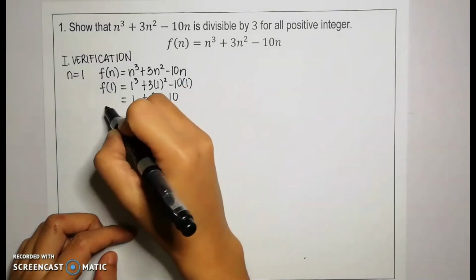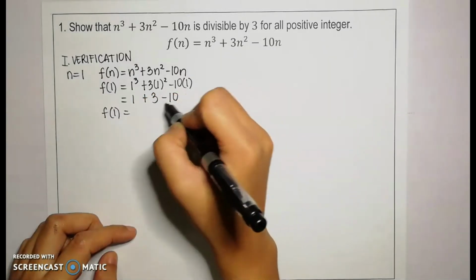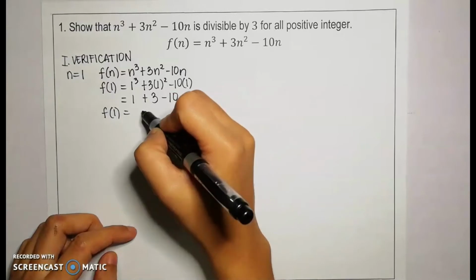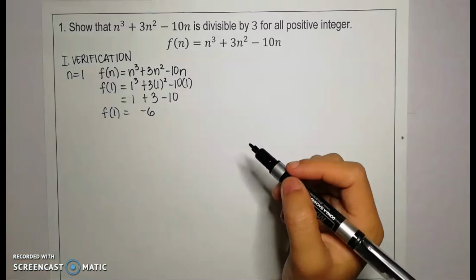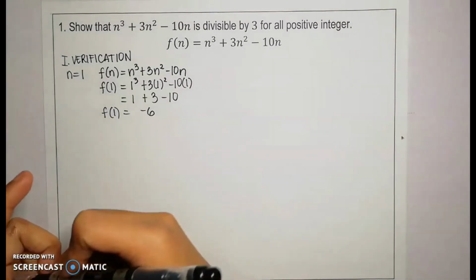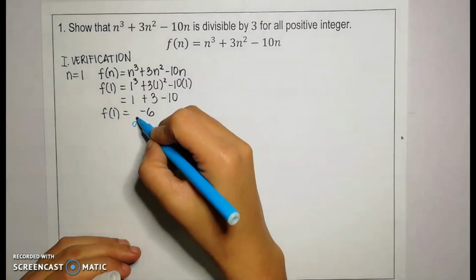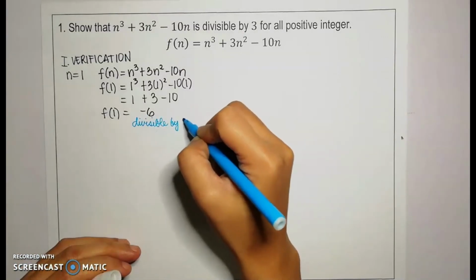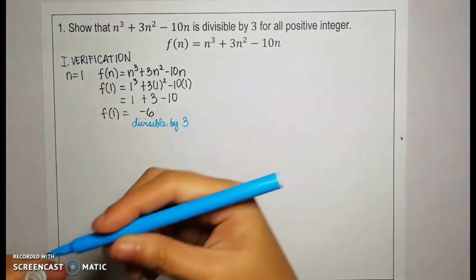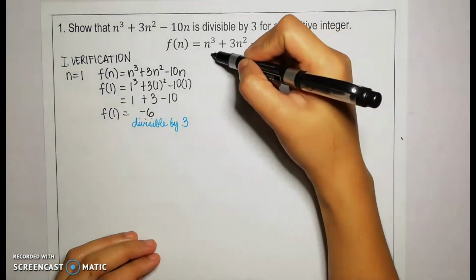Negative 10 times 1 is negative 10. So our f of 1 is equal to negative 6, which, as we all know, is divisible by 3. So I will just write it here: negative 6 is divisible by 3.